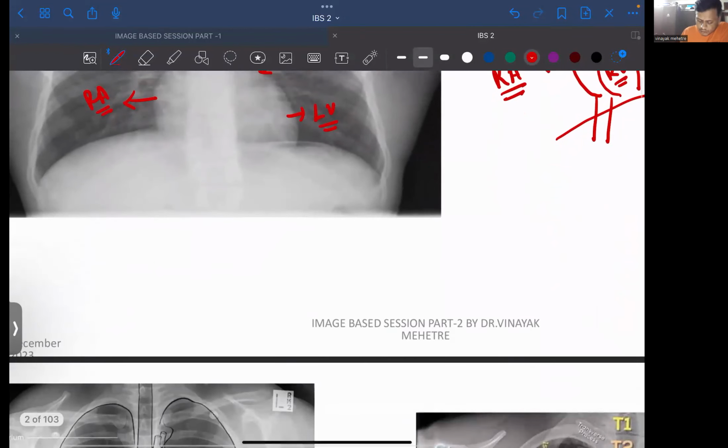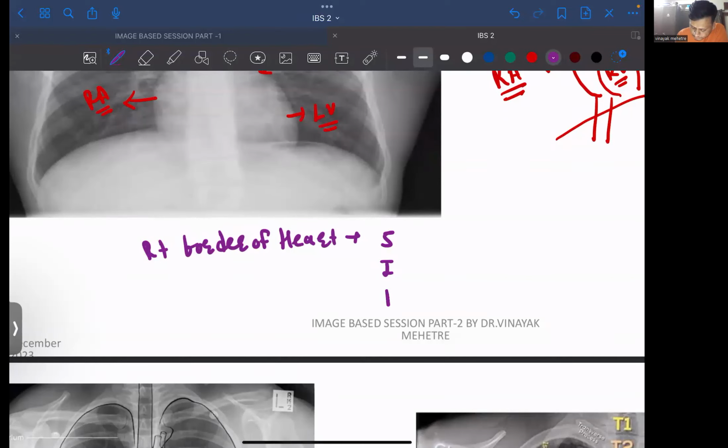A one-liner comes: the right border of the heart is formed by... Just remember the mnemonic which I am going to give. It is SIR. That is superior vena cava, inferior vena cava, and right atrium. These are the parts which form the right border of the heart.